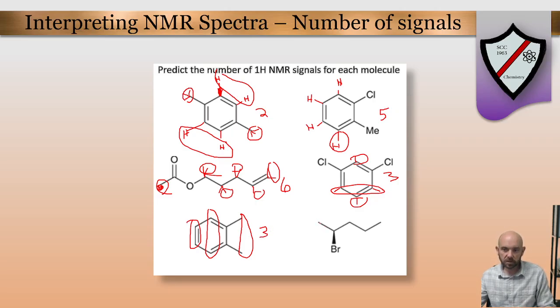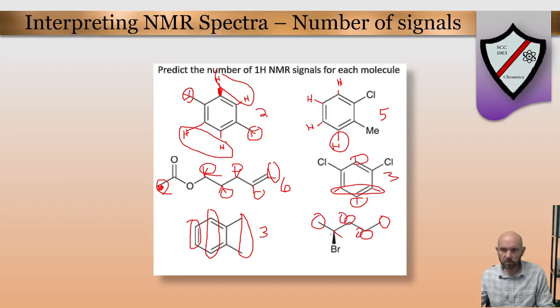In the next example, we have a CH3 group here, a CH2 group here, a CH2 group here, and a CH3 group there. We also have a hydrogen there hiding out with the bromine, and each of the CH2s, because of the chirality of the molecule, is going to give us two signals.